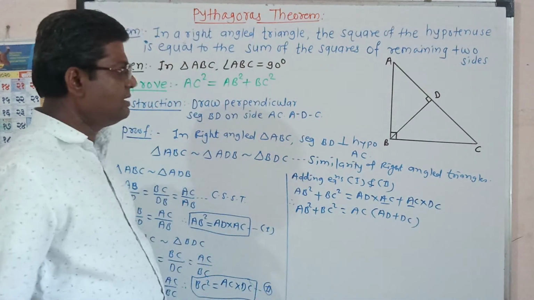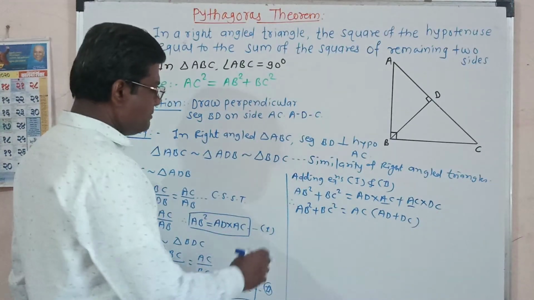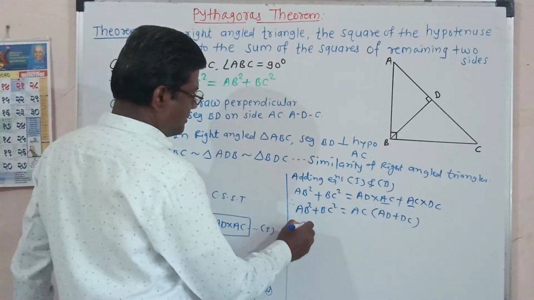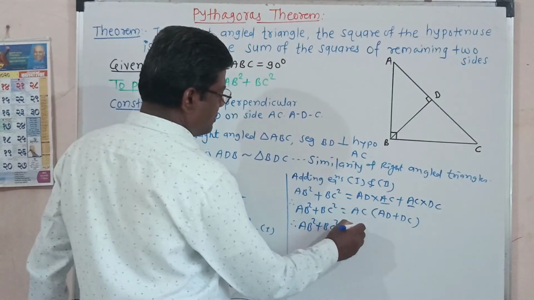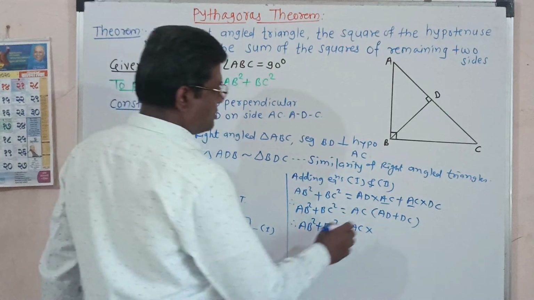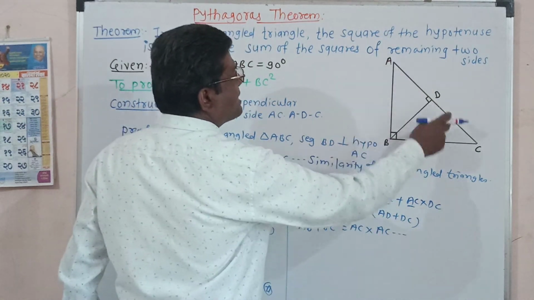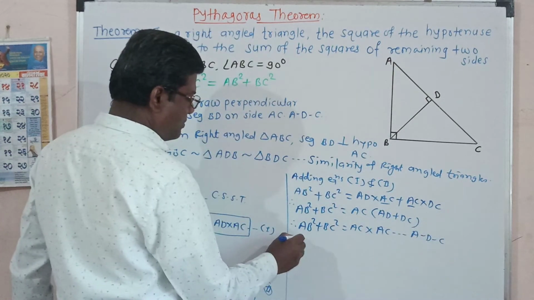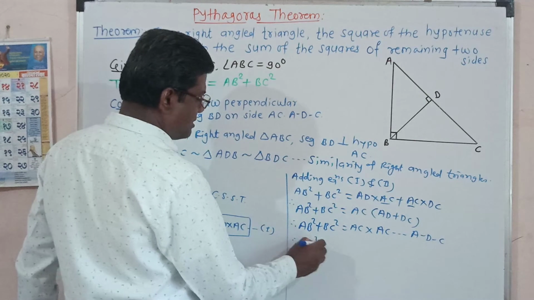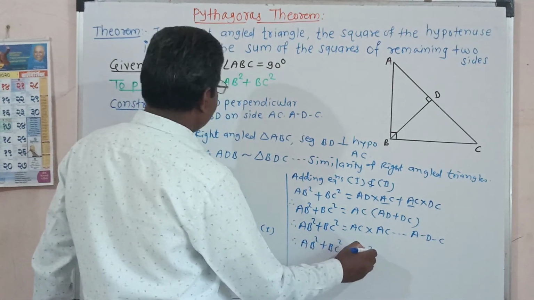Now AD plus DC is AC. Therefore, AB square plus BC square is equal to AC into AC. Reason is A-D-C. Therefore, AB square plus BC square is equal to AC square.